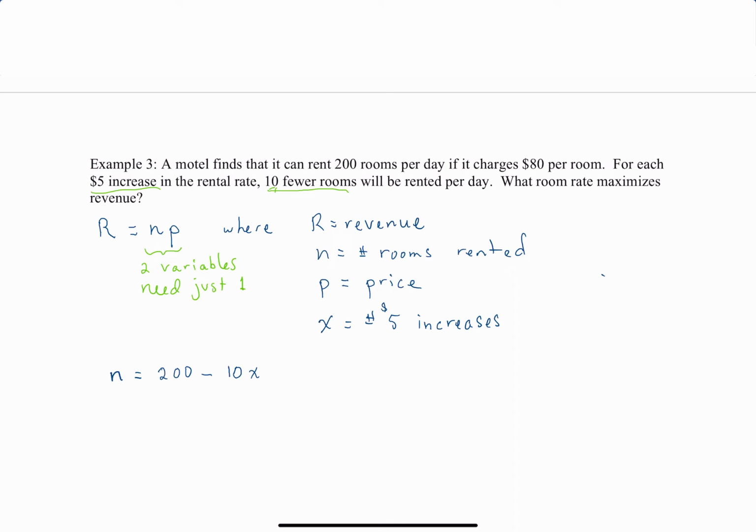So for example, if they raise the price by $5 once, you'd have only 190 rooms rented. If they raise the price 2 times, so by $5 and then $5 more, they're going to lose not 10, but 20 rooms, etc.